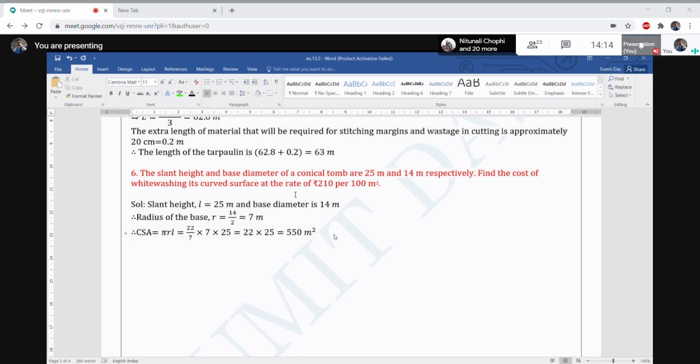So the cost of whitewashing the curved surface area at the rate of this per 100 meter square.